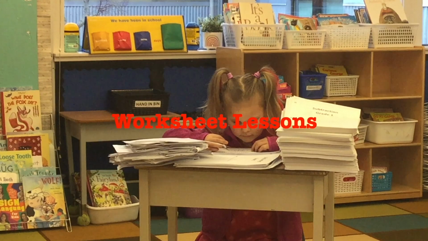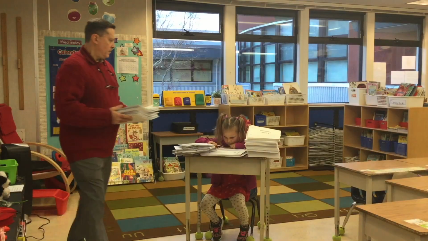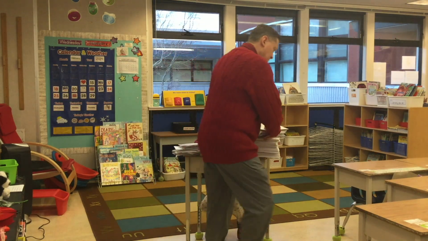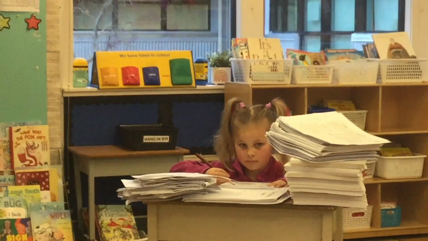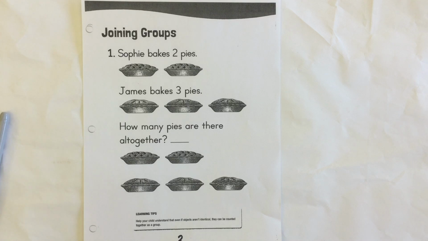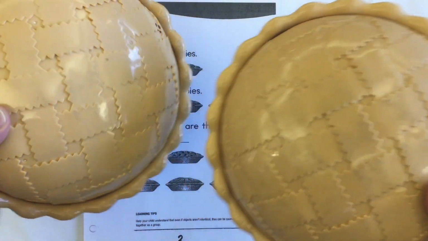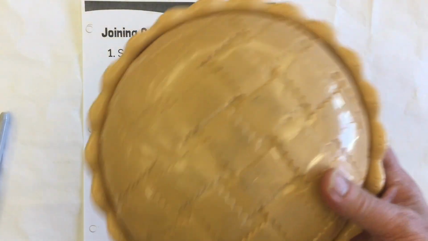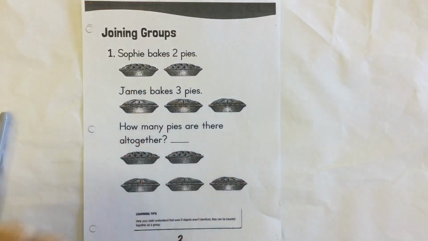Worksheet lessons. So here we have our next page for addition in math for kindergarten. It says joining groups. Number 1, Sophie bakes 2 pies. 2 pies are baked. And James bakes 3 pies. 1, 2, 3 pies.